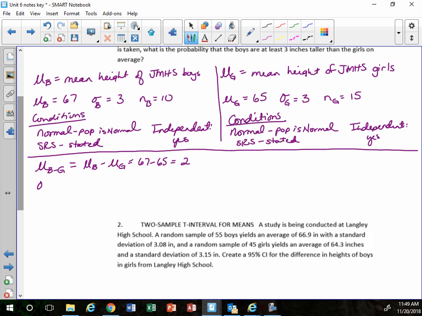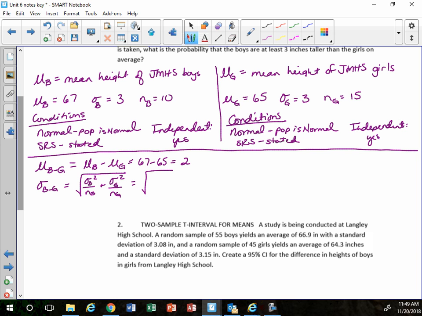All right. Then I want sigma of boys minus girls. So that's going to be the square root of sigma of boys squared over sample size for boys plus sigma of girls squared over sample size of girls. Boys first and then girls. Okay.